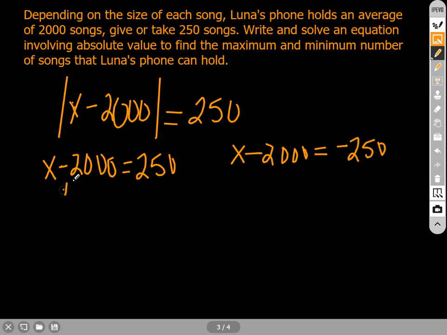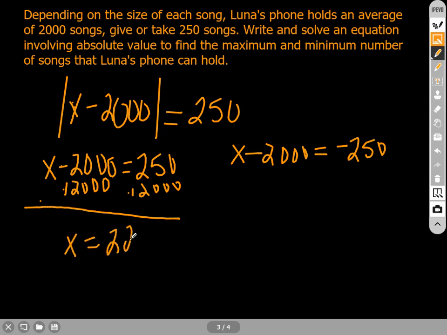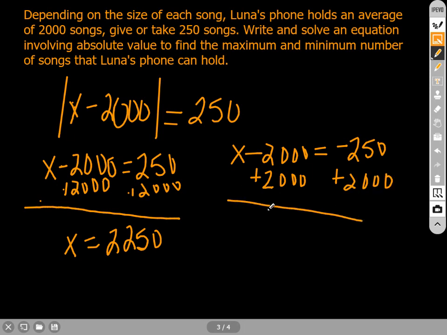So we're going to add 2,000 to both sides on both equations. So her phone will either hold 2,250 songs, or if I do it over here, 2,000 minus 250 is 1,750 songs.